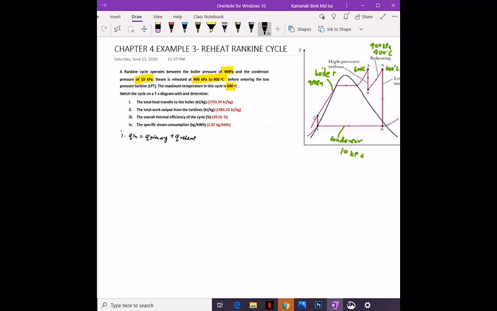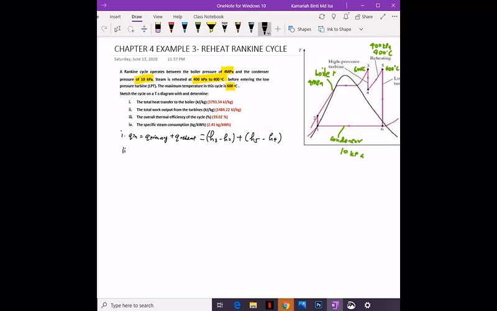So the boiler is H3 minus H2, plus the reheat process, which is H5 minus H4.